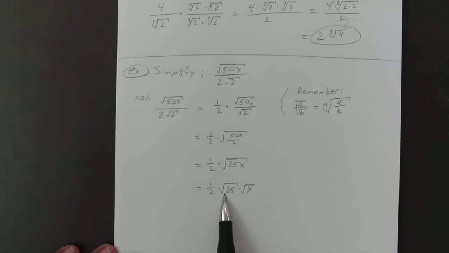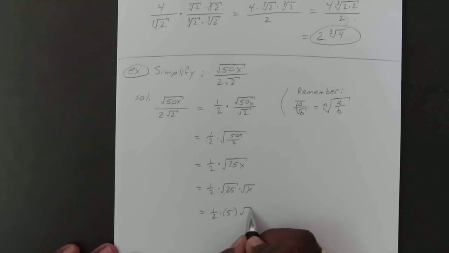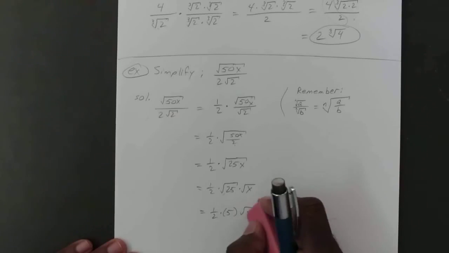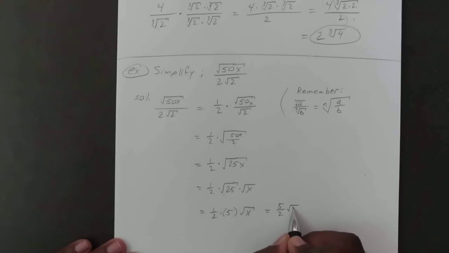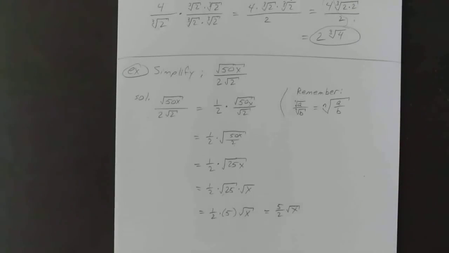We know square root of 25 is 5. So that's 1/2 times 5 times square root of x. Or you can just make this 5 over 2. Or if you want to put the square root of x up top, you could have done that also.